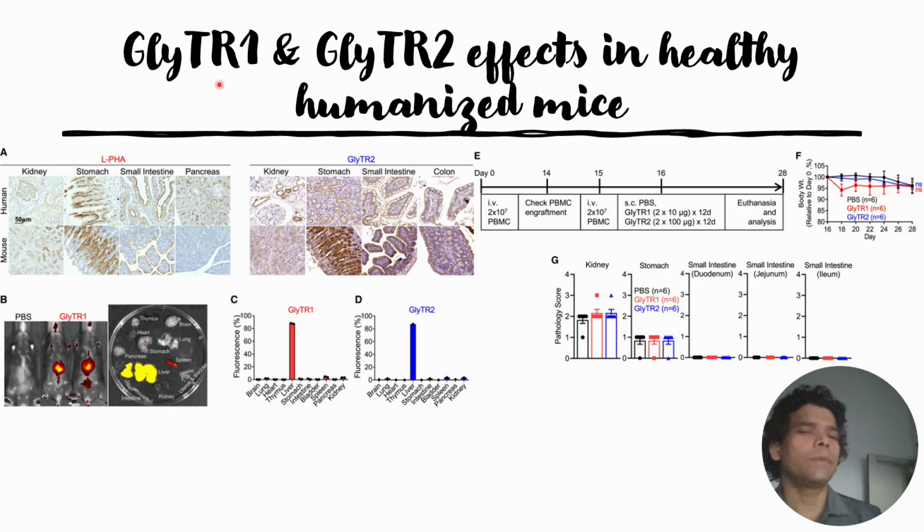And GlyTR2, that is CD301, is a humanized lectin, so it should not show any cytotoxicities or off-cancer on-target specificities.